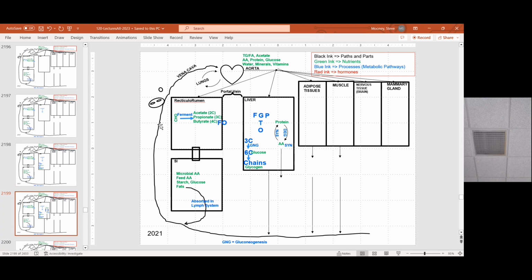We have the liver doing a lot of protein synthesis and degradation. So we take proteins that enter into the liver. The liver will break those down into their component amino acids. So DEG, protein degradation.